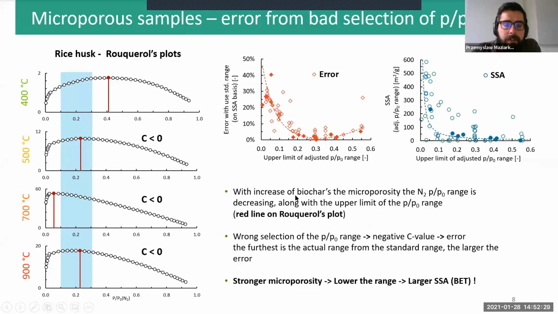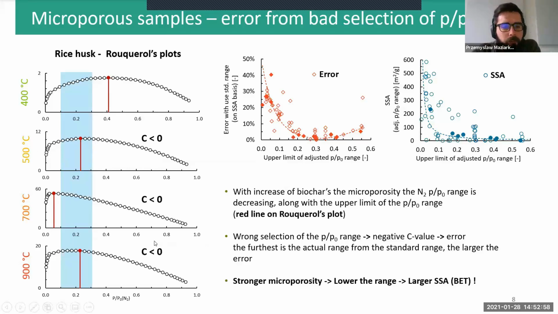More or less, it is strongly related to the amount of micropores assessed by the nitrogen adsorption. Simply speaking, the red line indicates the maximum range from which BET can be calculated, and the more this line is to the left, the more microporosity is in the sample.